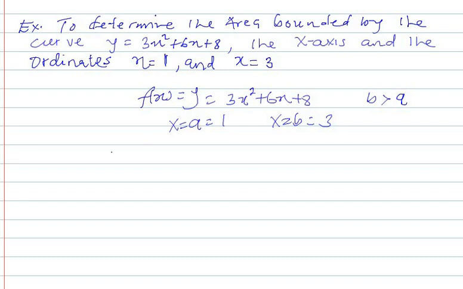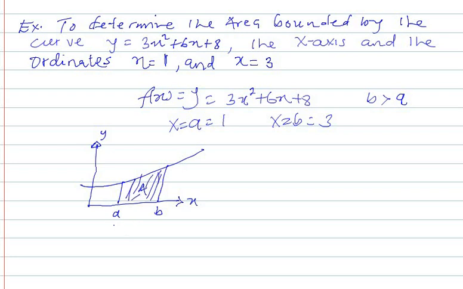So our limit is this. To find this, we can draw our curve. Here we have y, here we have x, here we have our curve, here we have a, here we have b. So we have the area here.